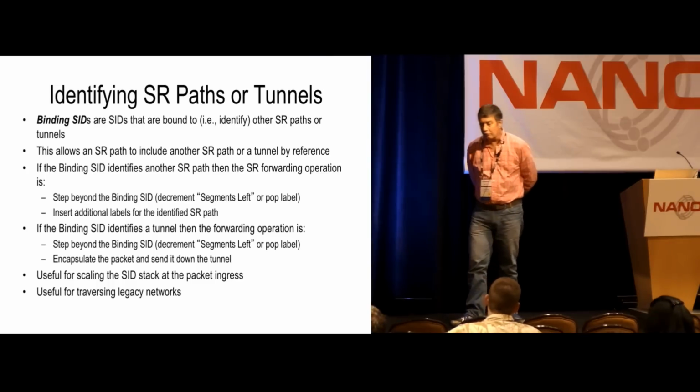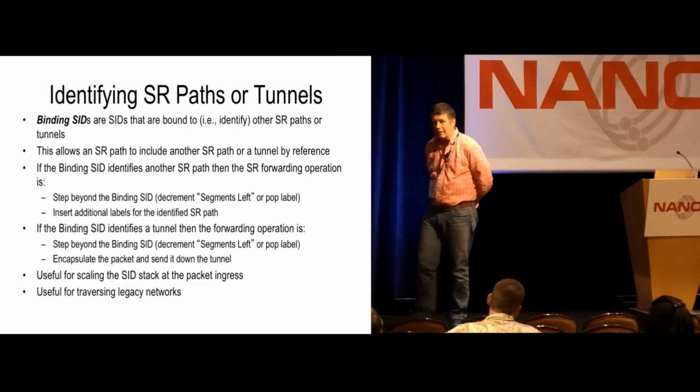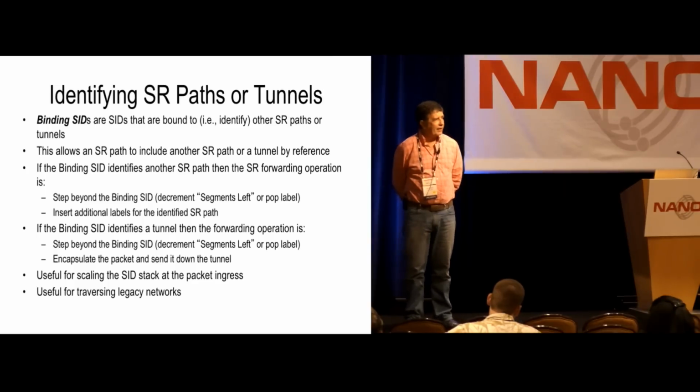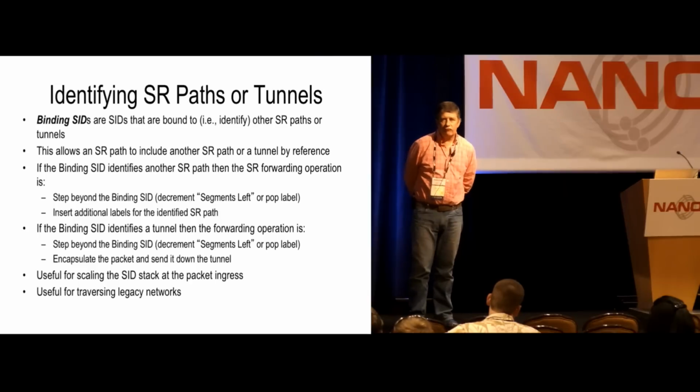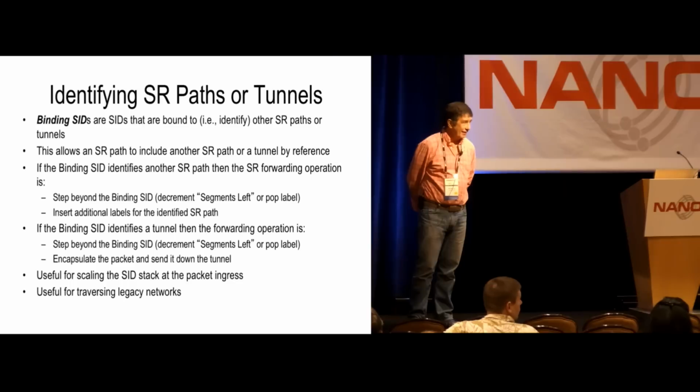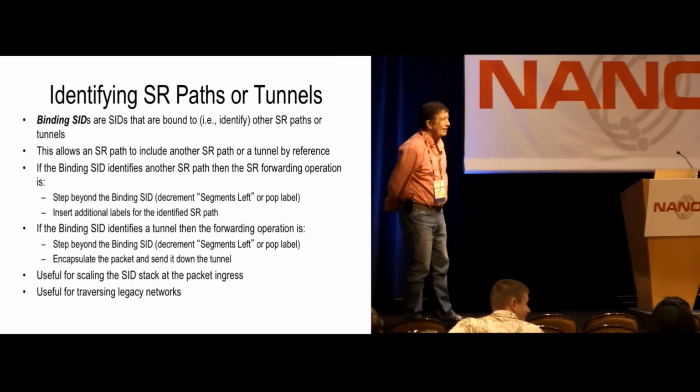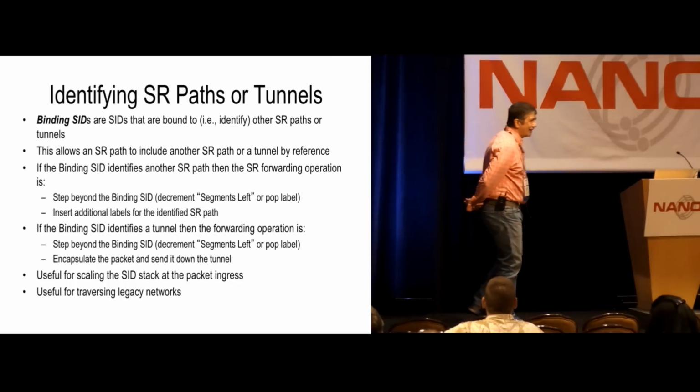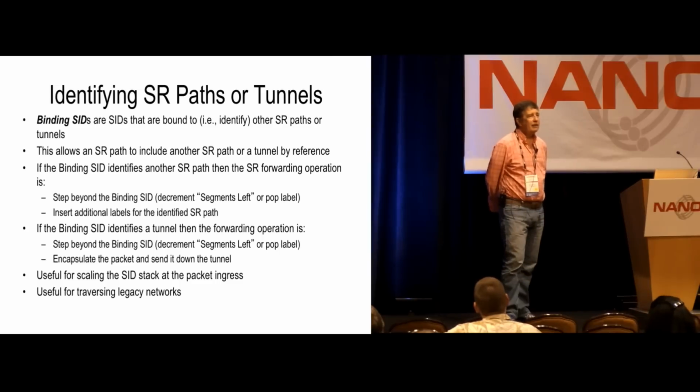Now, let's talk about a really good use case for this. Let's say for a minute you have a traffic engineered path that has 5 hops in it. 10. 10, I like it even better.